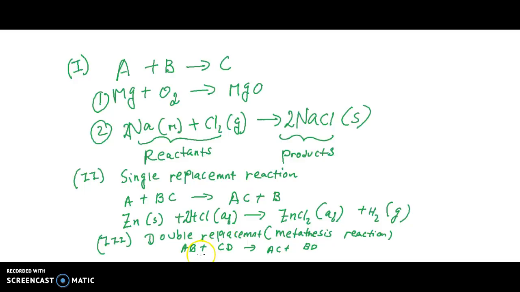An acid-base reaction can be a good example of a double replacement reaction. We have HCl react with NaOH, gives you NaCl, which is sodium chloride, and water. In some cases, this reaction is also called a neutralization reaction.